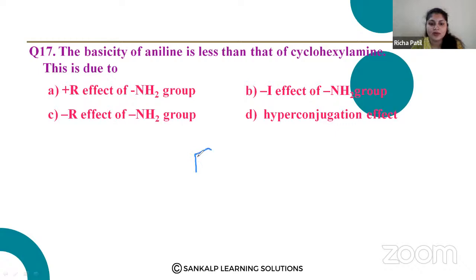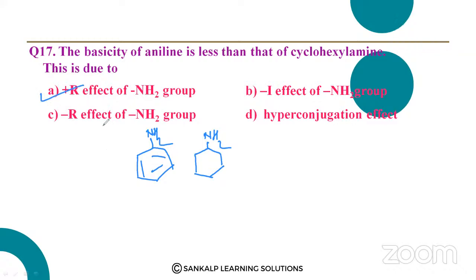So aniline will be like this. Option A: it is due to the plus R effect of the NH2 group. So aniline is less basic than cyclohexylamine due to the plus R effect. This is correct. Good.